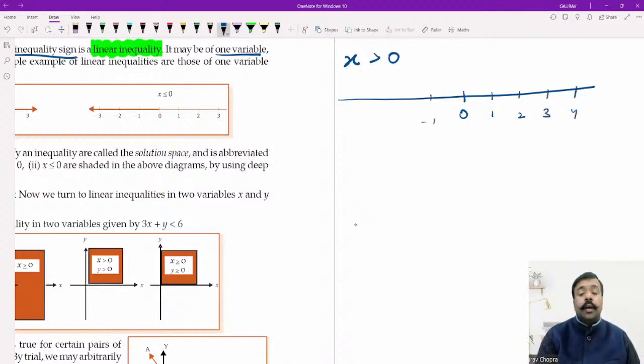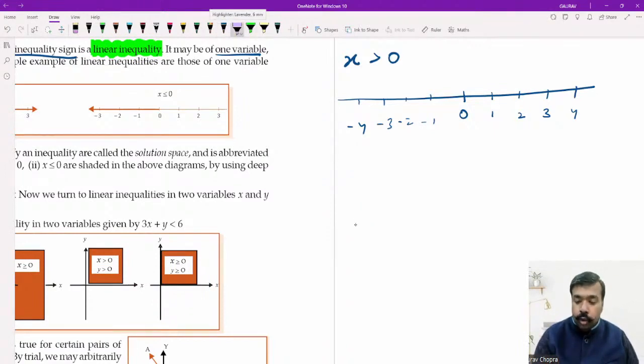On the left hand side, -1, -2, -3, -4, and so on. So this is the number line, and we have to plot x greater than 0. That means here x is not exactly equal to 0, but it is more than 0. So we have to mark the area which is more than 0.